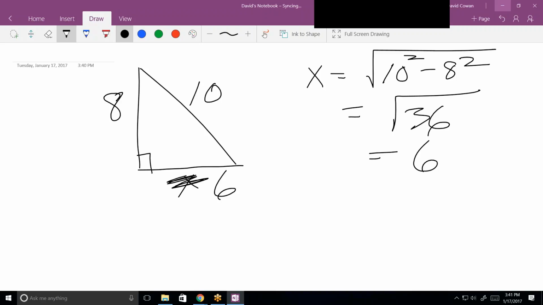So if you recognize that, and I were to say, well, what is x? You can see that that's a 3, 4, 5 triangle, which means that has to be 6. In other words, sometimes you can solve these without doing the math, if you just recognize that you're looking at a 3, 4, 5 triangle.